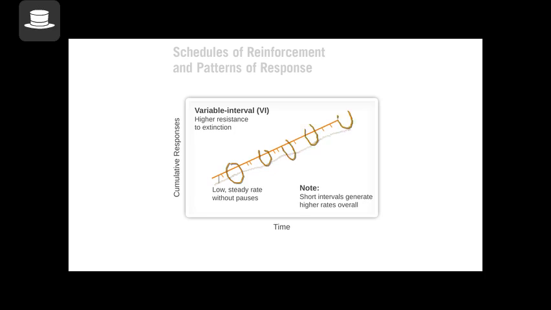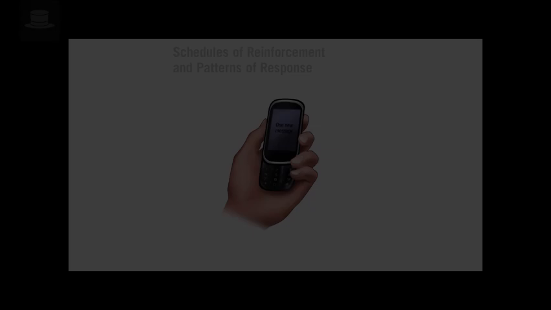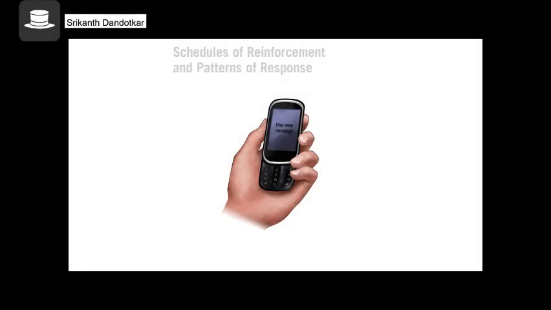Also, like the variable ratio schedule, the variable interval schedule too has higher resistance to extinction. One example of variable interval scheduling is the behavior of constantly checking a cell phone to see if there are text messages waiting, which is reinforced by the periodic receipt of text messages.